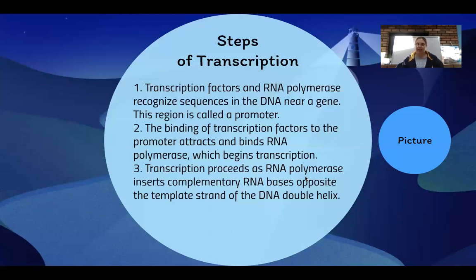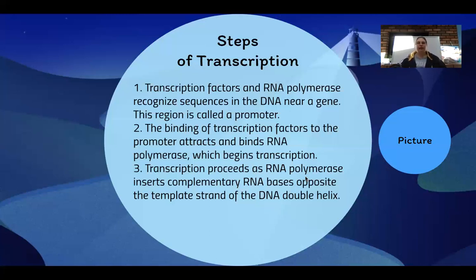So once helicase opens up the DNA double helix, the promoter sequence is now exposed. The transcription factors can bind to it. This will attract the RNA polymerase to now bind to it. And polymerase is going to start reading the template strand, so the template DNA, and building a complementary RNA strand to go along with it.